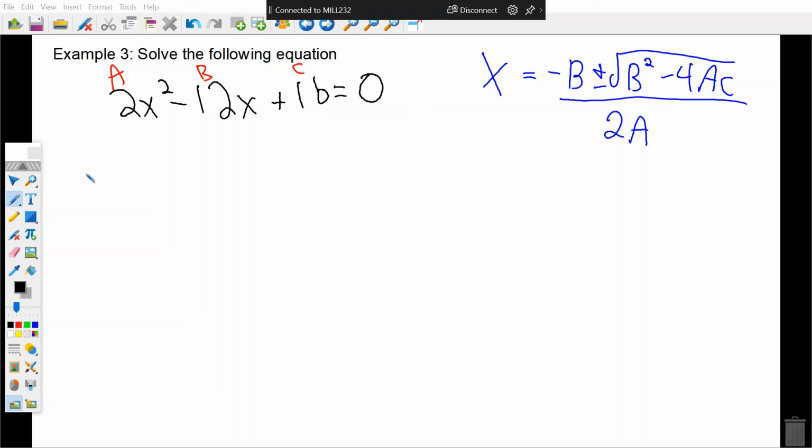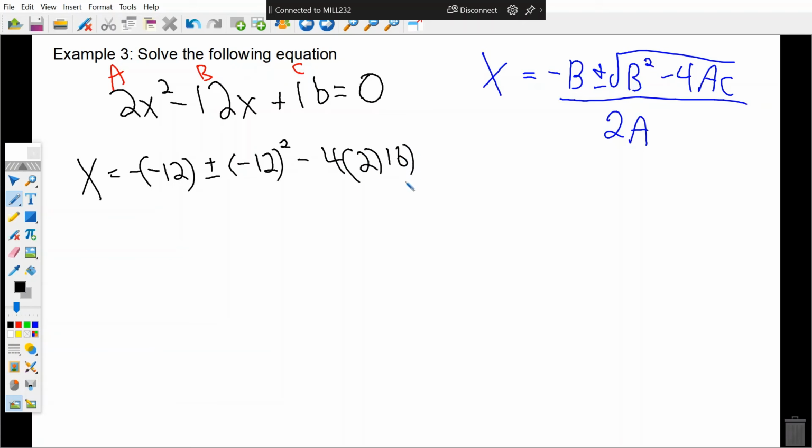So we plug our numbers in. Over 2 times 2, which is going to be 4.